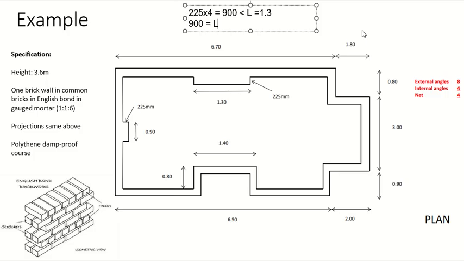Okay. So if I take the length from here to there, I have to subtract this one, 1.3, right? I will calculate it separately. Okay. But is this center to center? It's not center to center. It's external. This is external. And the thickness of the wall is given here.